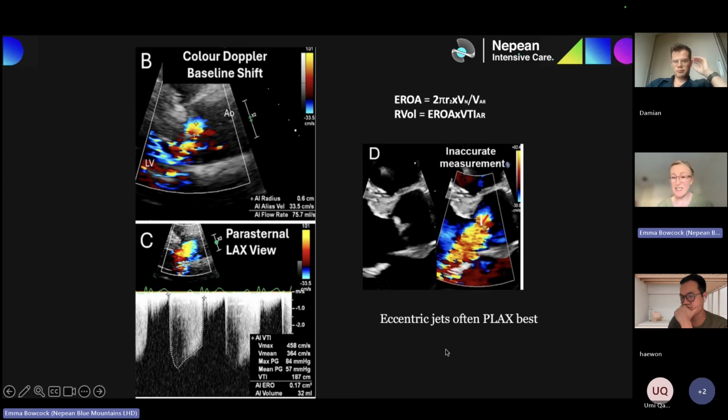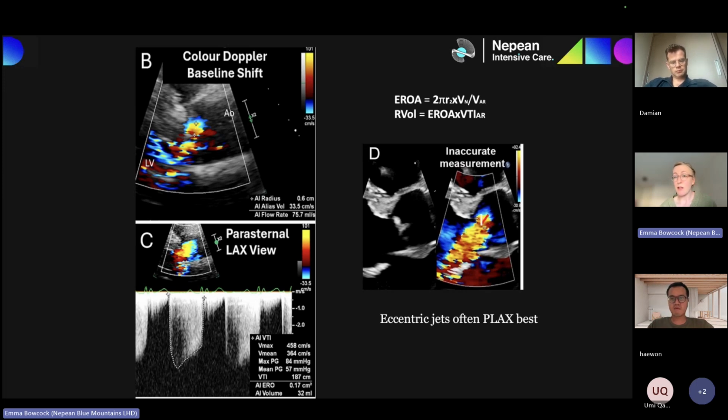If you've got an eccentric jet, you can still use PISA, but it's more tricky, because you're in this sort of plane here, and where do you measure, and all of that. And if you've got multiple jets, obviously it's difficult too. So there are definite caveats, but I think working out the ERO is fairly easy, and 0.3 is the sort of number to remember for exams and things.